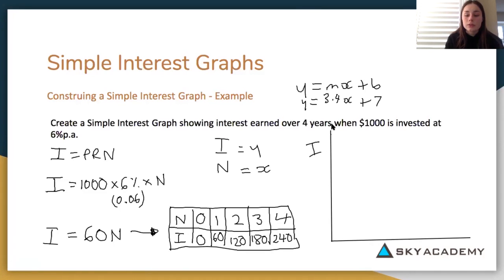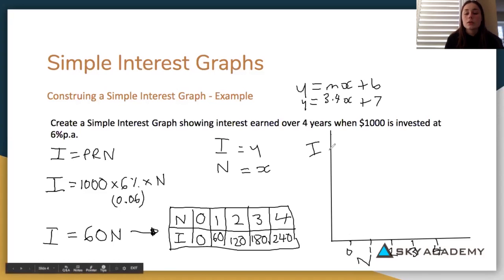I might actually do the n a little bit down here. So now we can put our n, which is 0, 1, 2, 3, 4. And our interest earned has to go up to 240. So I'm just going to put 300 here.